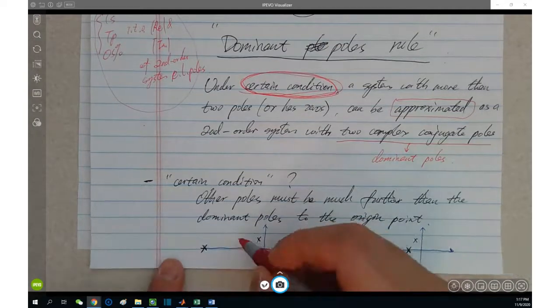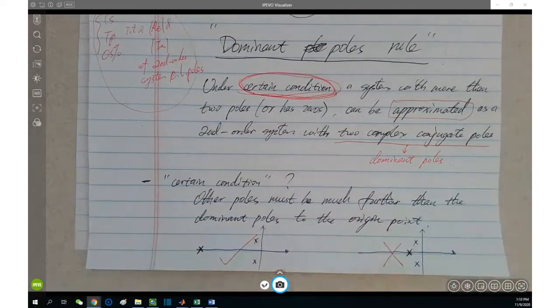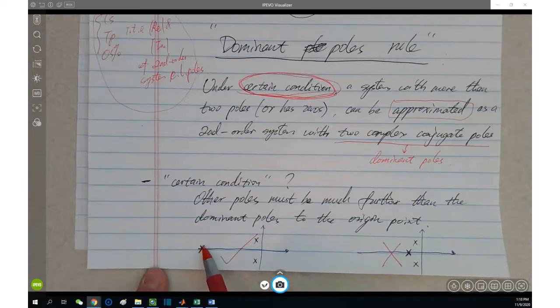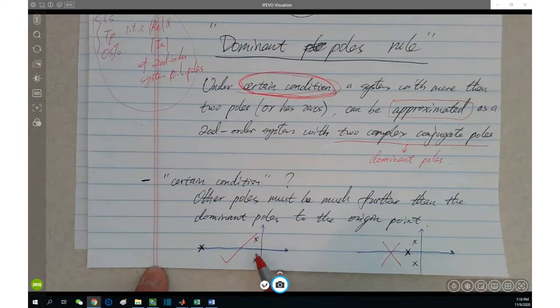This one, check. This one, no. The reason is this one meets the so-called certain condition. This one doesn't. What does it mean? The other poles, well, we are assuming there's only one so-called other pole, right? It's far away from the origin point compared to the two complex poles.